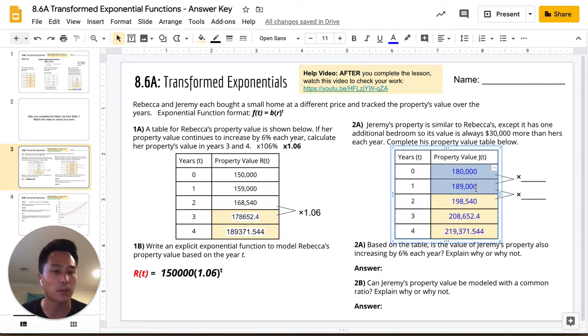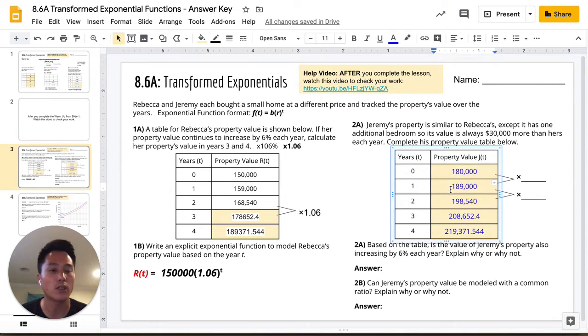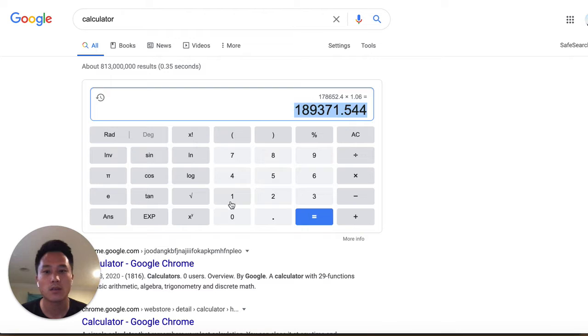I'm going to work backwards. I'm going to divide 189,000 by 180,000. 189,000 divided by 180,000. Oops, forgot the thousands. 1, 2, 3.